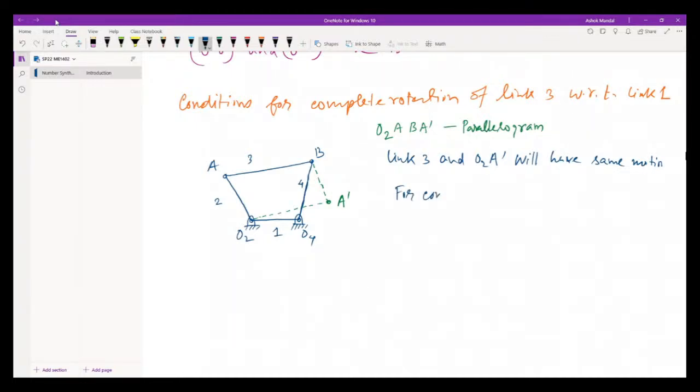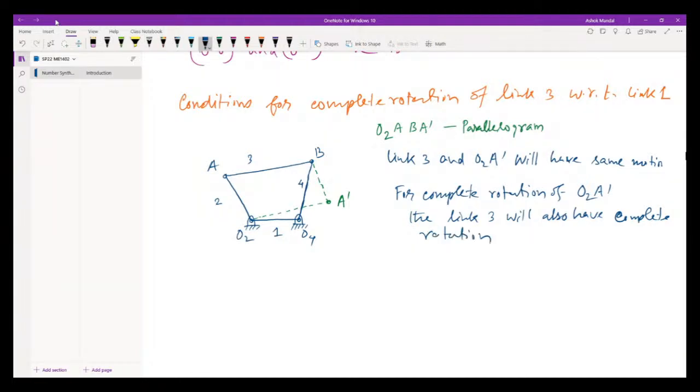For complete rotation of O2A dash, the link 3 will also have complete rotation.